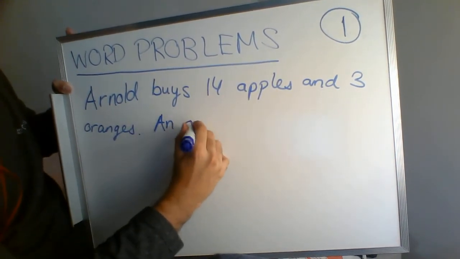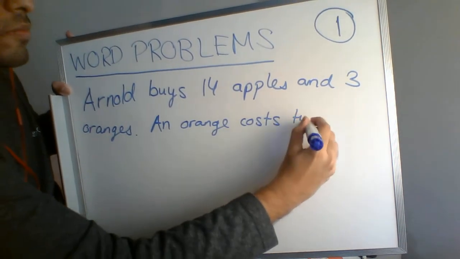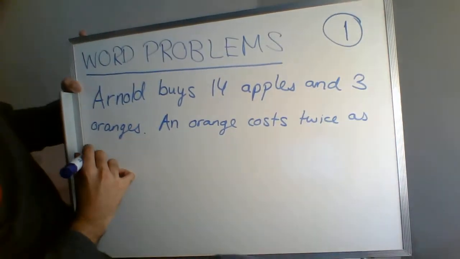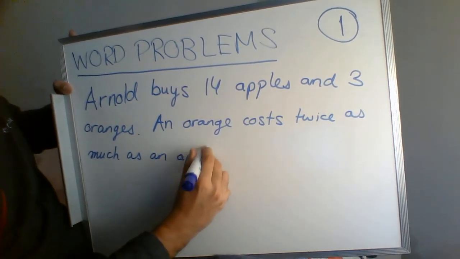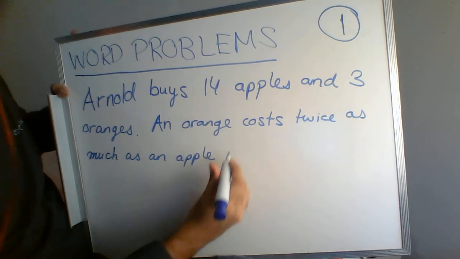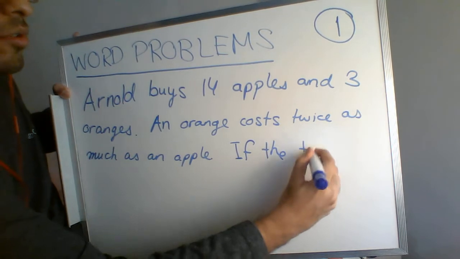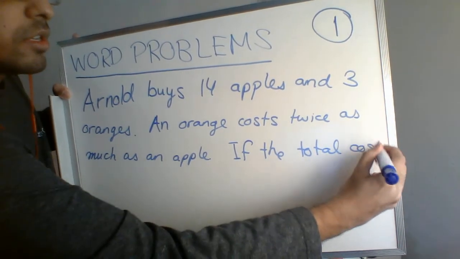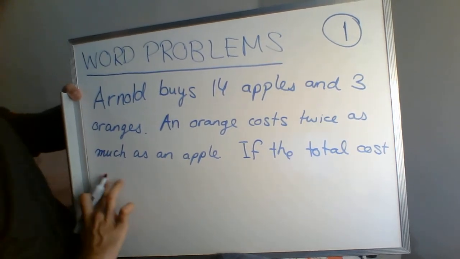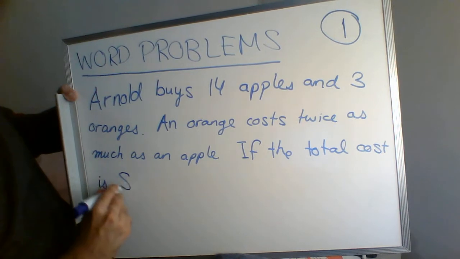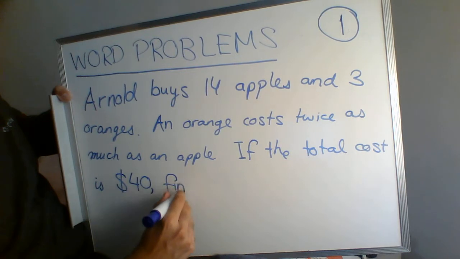We know that an orange is going to cost twice as much as an apple. If the total cost of the apples and the oranges is $40, find the cost of one apple.